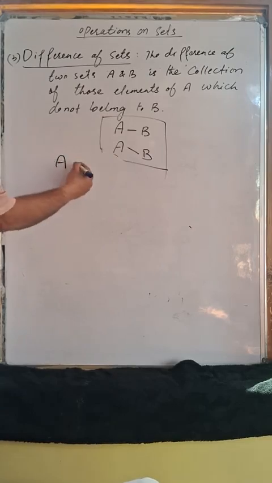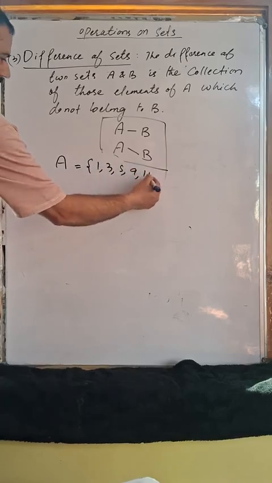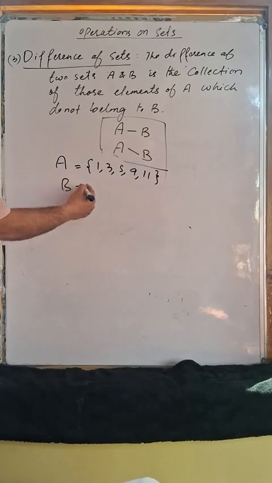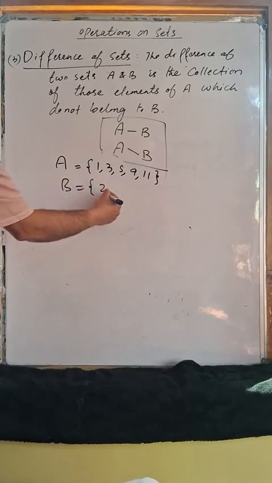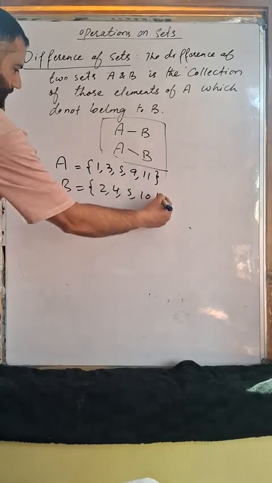If A is equal to {1, 3, 5, 9, 11} and B is {2, 4, 5, 10, 11}.